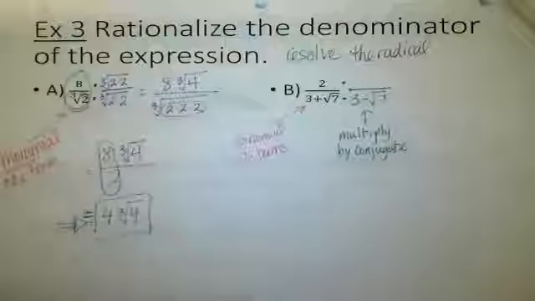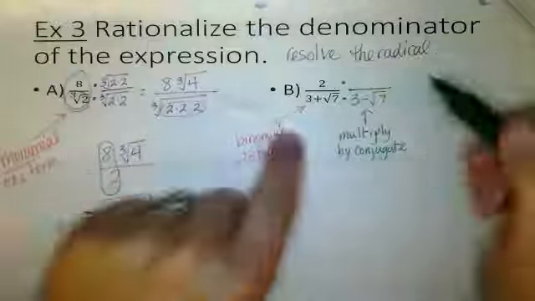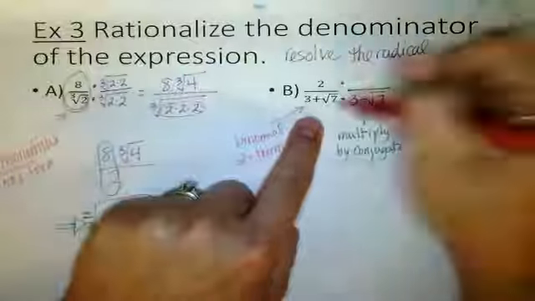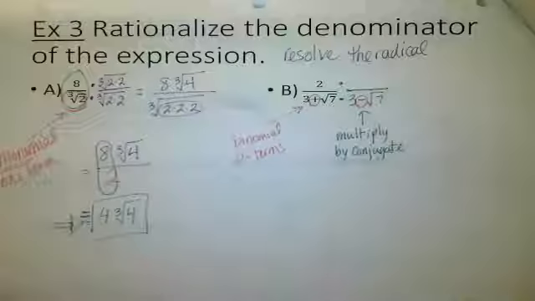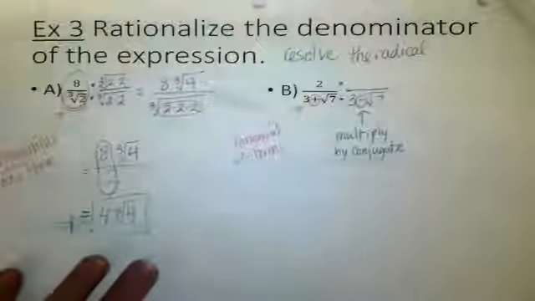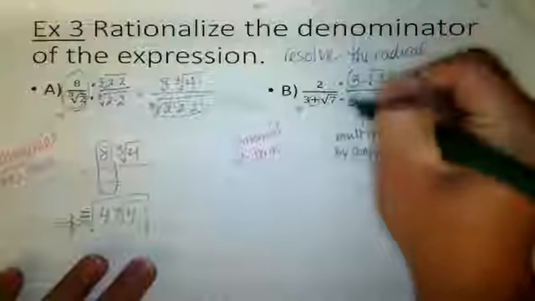The root stays the same, but you change a little ending, right, when you conjugate verbs. The only thing we change is one sign. One sign. Not all the signs, just one sign. You change one sign in the middle, and it'll work out perfectly. So we're going to multiply top and bottom by 3 minus radical 7.